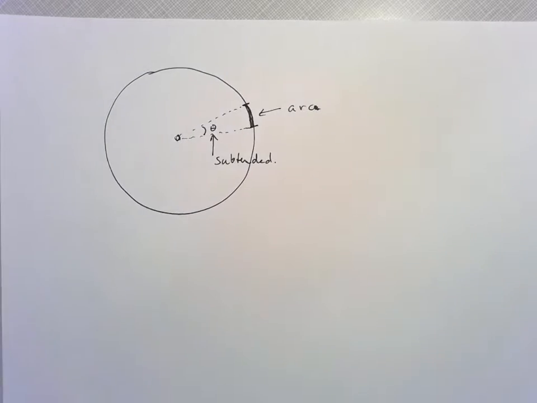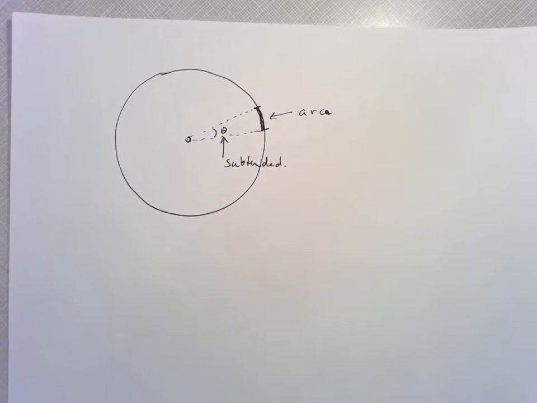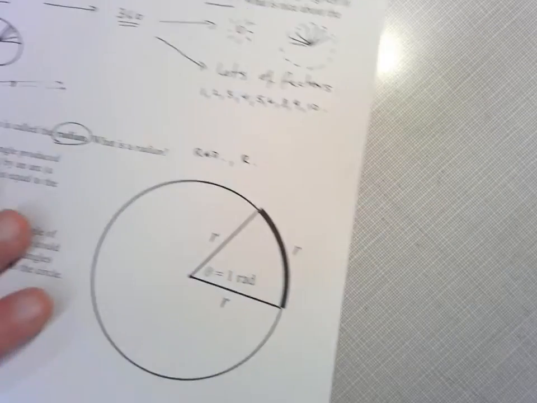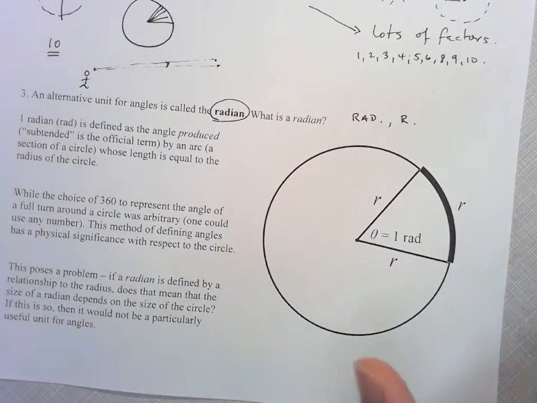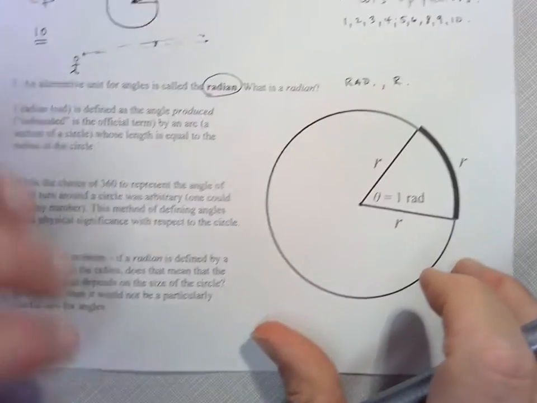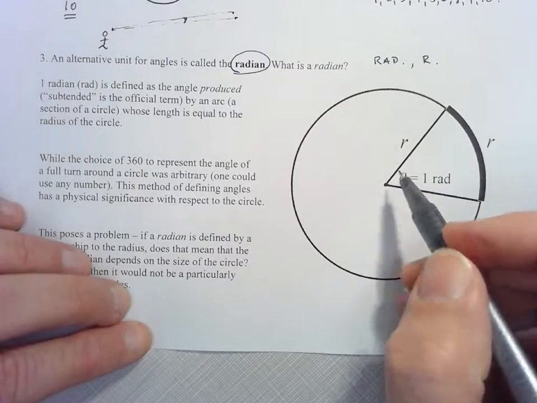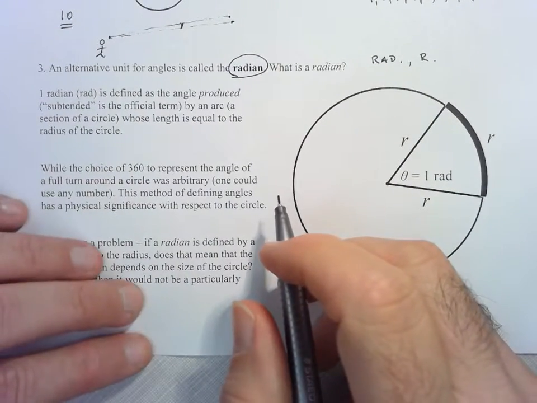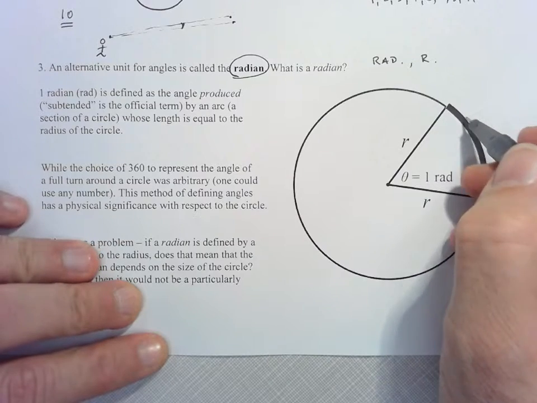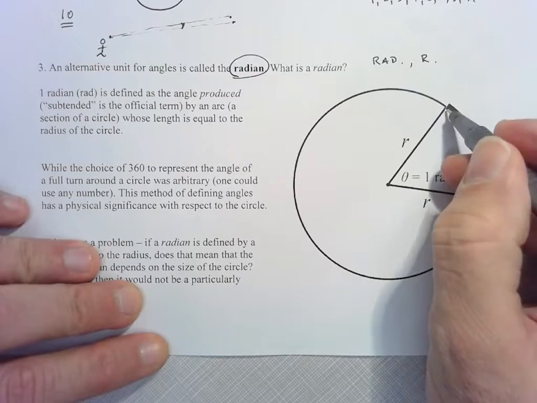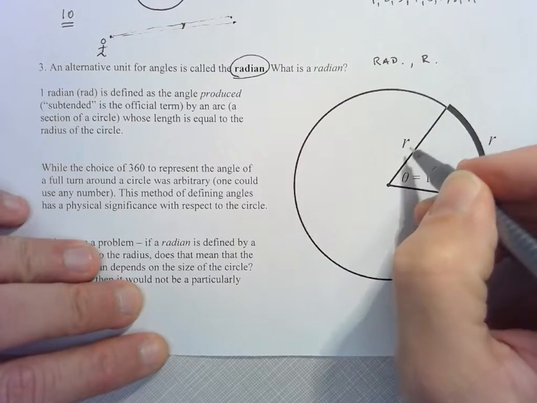So this is the terminology we use to define this concept of radian. What a radian is, is the angle produced by a very special arc. It's the arc that's exactly equal to the radius of the circle.